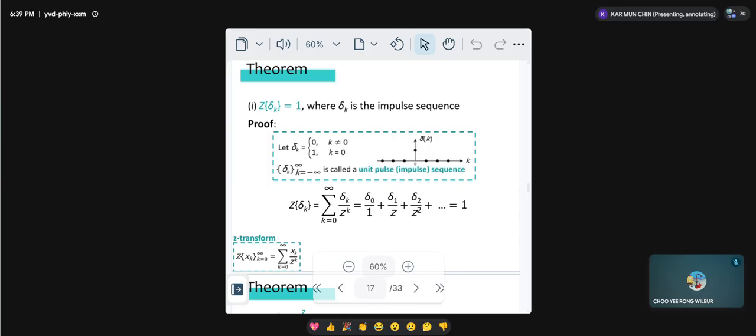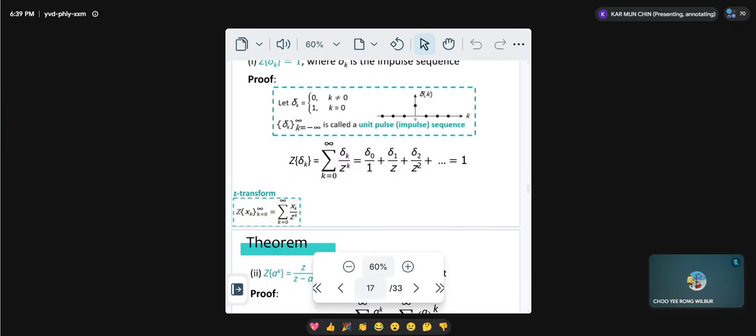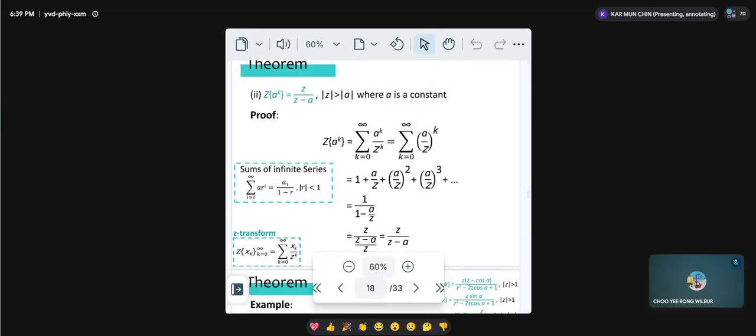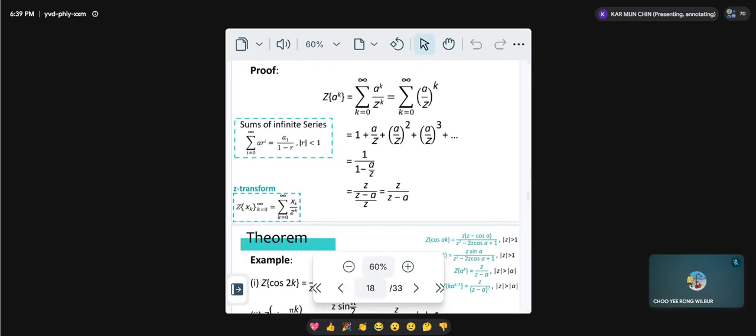So for the proof, we are not going through it. Basically, for the delta, this unit pulse, it will be equivalent to 1. For this one, you just remember this. You don't need to remember all this proof.